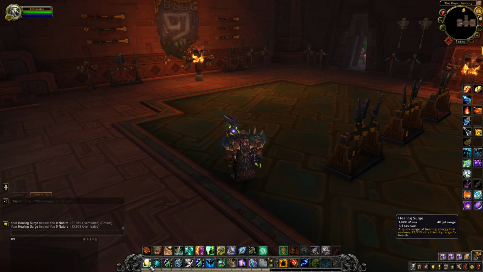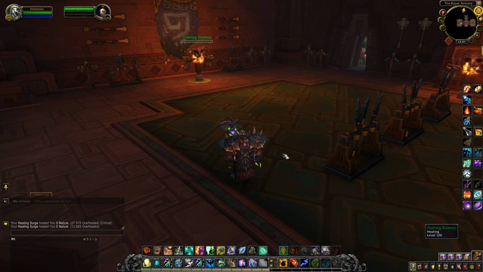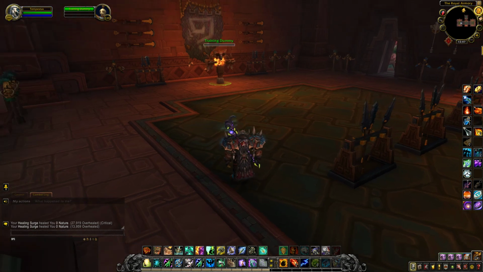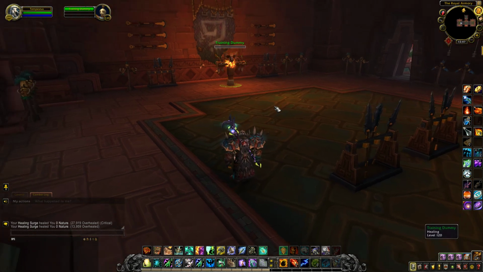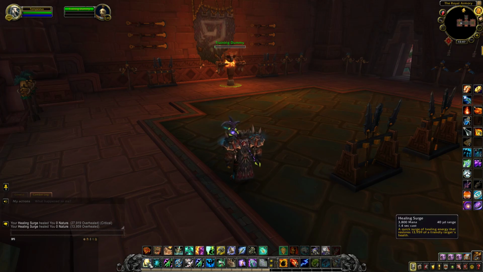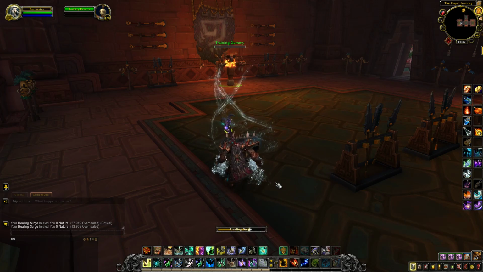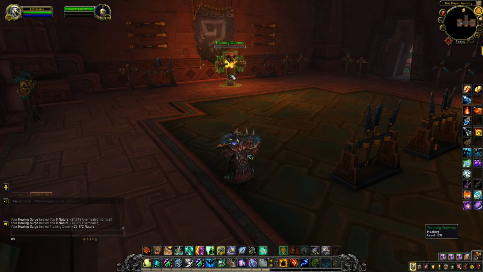It will not be 13,959. And to demonstrate what I mean, I have my super helpful training dummy assistant here, and I'll cast Healing Surge on him. He only has 1% health. So 14,000 should instead be increased by 67%. And it is. There we go. 23,000 instead of 14. That's an increase of 9,000 healing, which is pretty damn good.